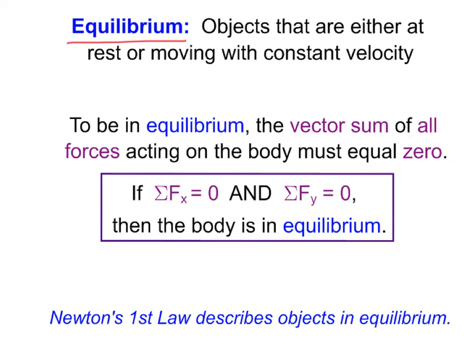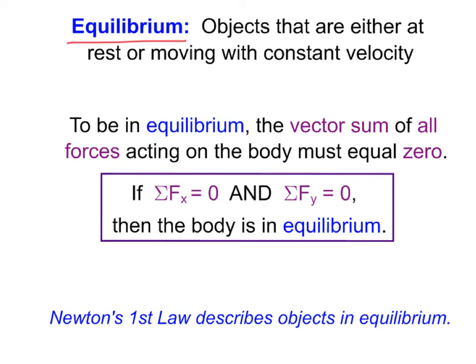And then we can say that object is in equilibrium. A mathematical way to say this, and remember that this is a sigma, it means the sum of whatever is following: if the sum of all of the forces in the x direction equals 0 and the sum of all the forces in the y direction equals 0, then that object is in equilibrium.